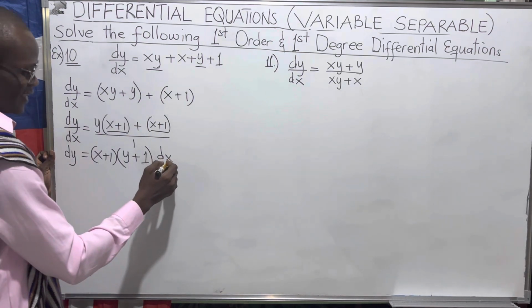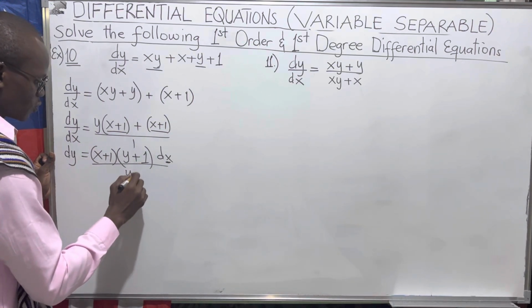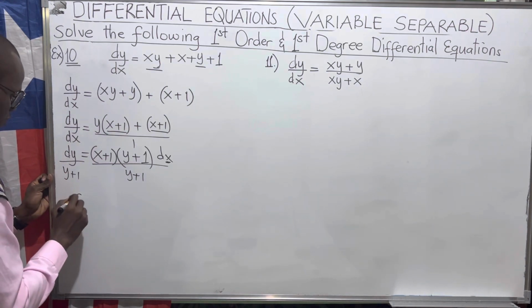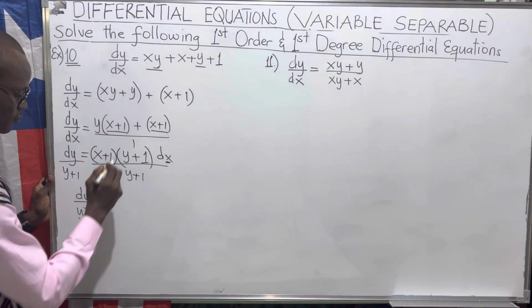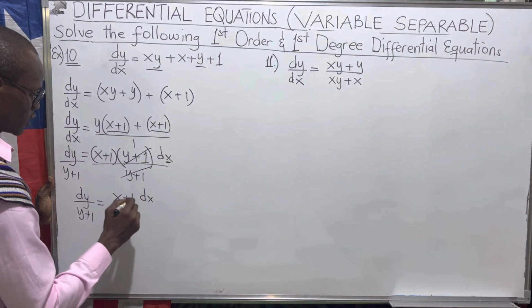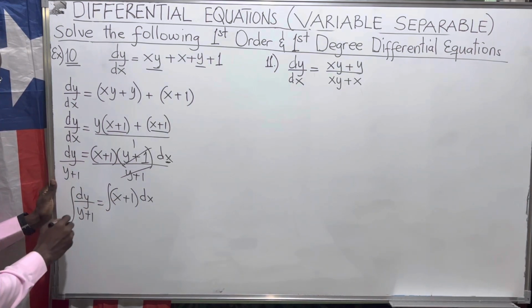So now since this is dx, we need only x expressions here. So we must divide this out by y plus 1. So you have dy over y plus 1 equals x plus 1 dx. Because the variables now have been separated, we can integrate both sides.